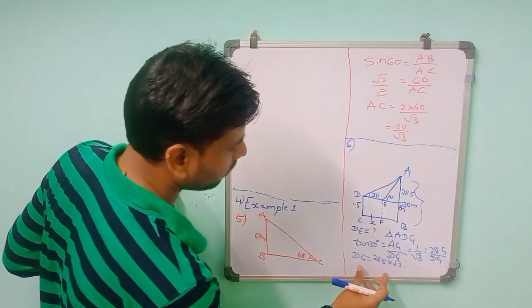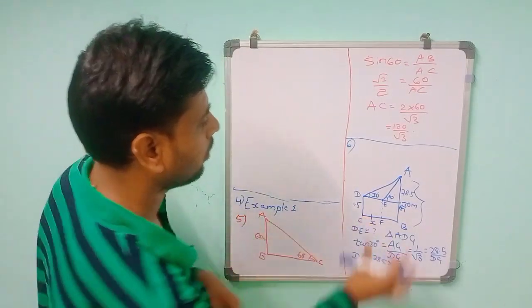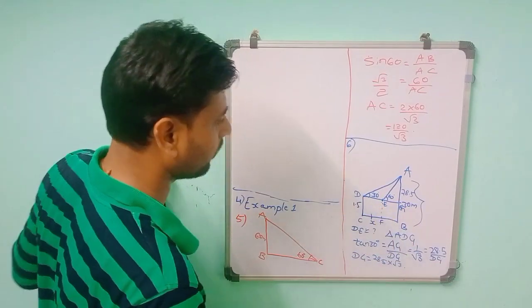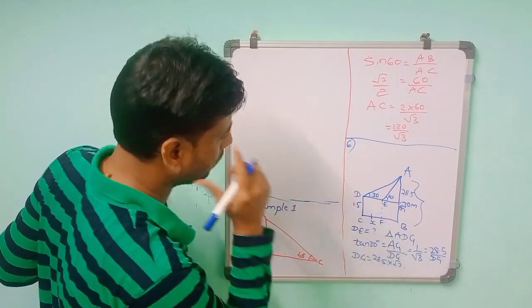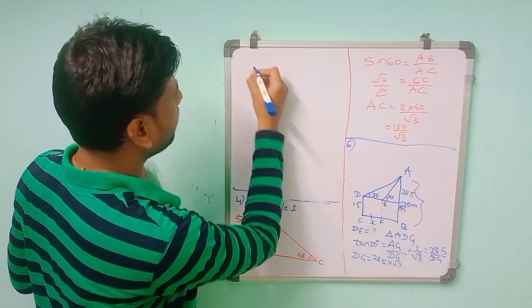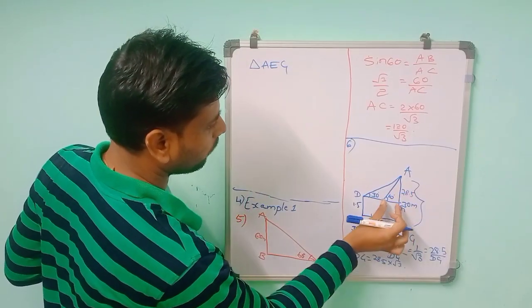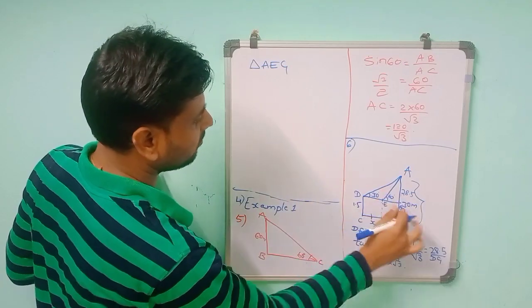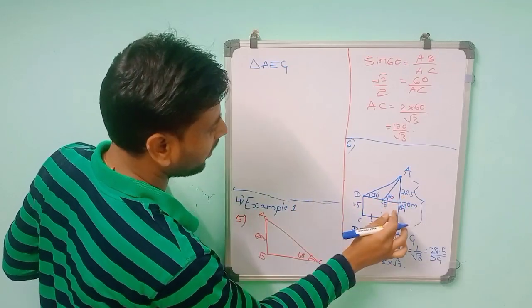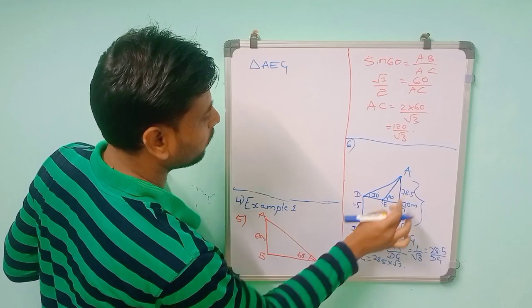Then we got this value DZ. But we want DE, so for that you have to find this EZ value. If you take triangle AEZ, you know this value, so you can find the EZ value. In triangle AEZ the angle is 60, and again opposite by adjacent means tan.